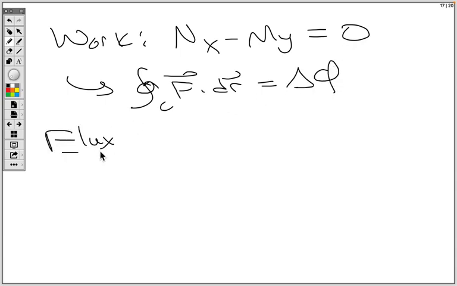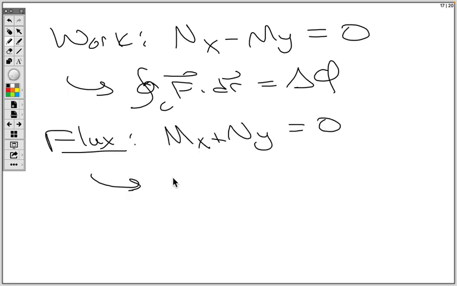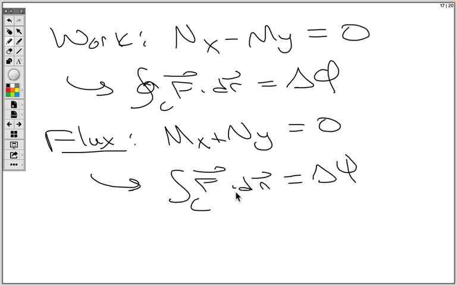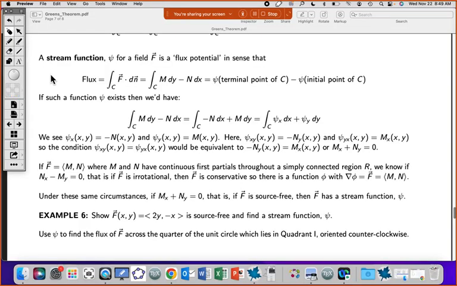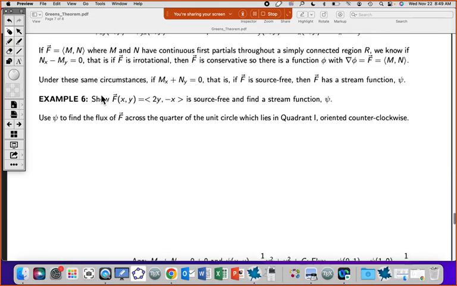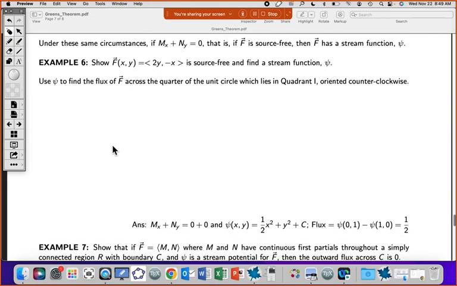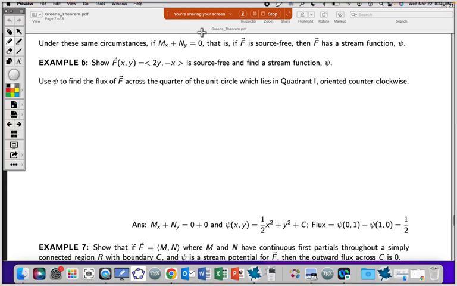For flux, if mx plus ny equals 0, we can get the flux by looking at the change in psi. Okay? So remember, if mx plus ny is 0, we say that the field is source free.